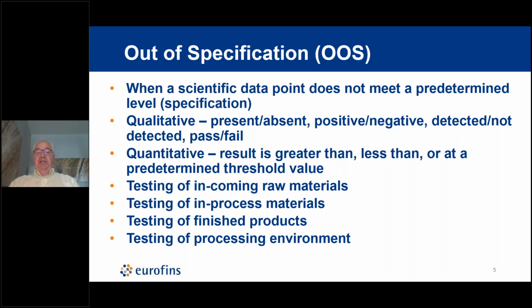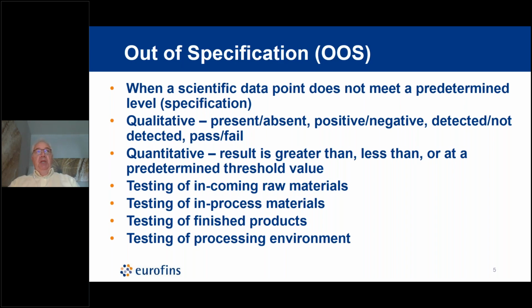So you could have qualitative data. This can include presence or absence of some attribute, such as a visual assessment of cleanliness. It either is clean or it is unclean. You could have positives or negatives. Oftentimes we use these terms to define an analyte that has food safety interests.